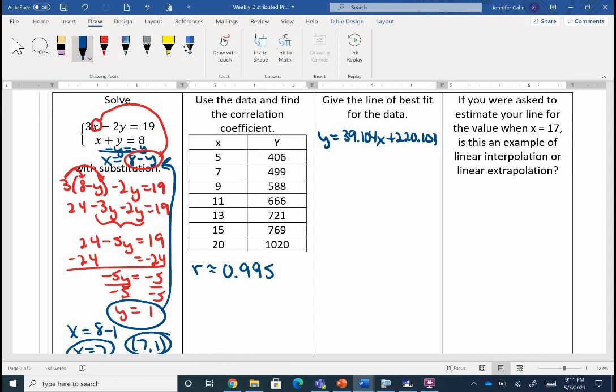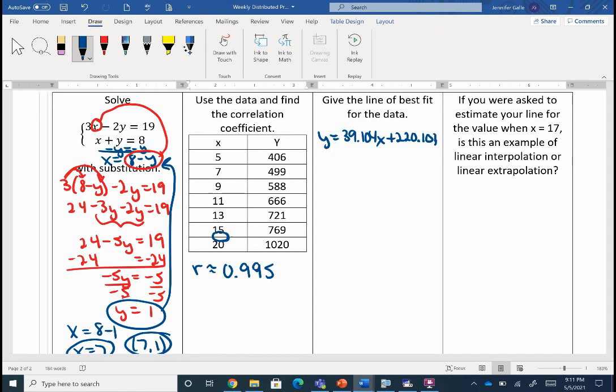The last question in that first row: if you were asked to estimate your line for the value when x is 17, is this an example of linear interpolation or extrapolation? So the value 17, if we look at our data set, would fall in between the confines of our data set, between our 15 and 20.